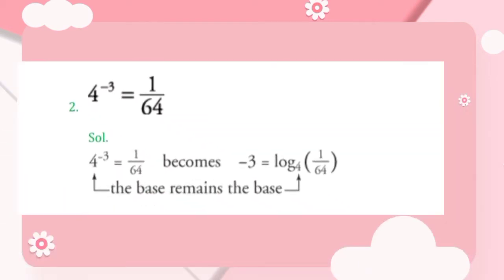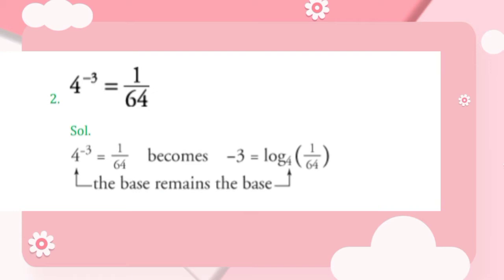Number 2. 4 to the negative 3 equals 1 over 64. Solution. 4 to the negative 3 equals 1 over 64 becomes negative 3 equals the logarithm of 1 over 64 to the base 4. The base remains the same, which is 4.